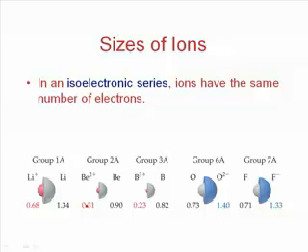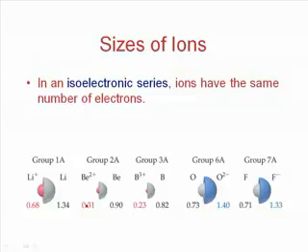Isoelectronic means they have the same number of electrons. If they have the same number of electrons, then their arrangement of electrons is going to be the same, which means their number of shielding electrons is going to be the same. So what else is left to compare in this situation? The protons in the nucleus.